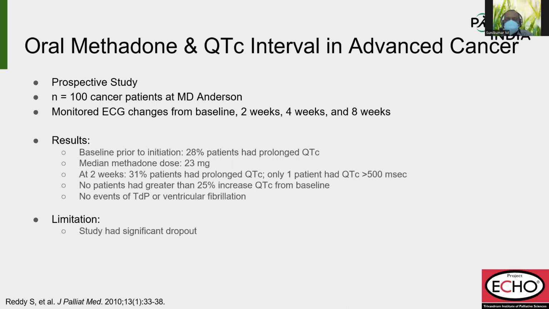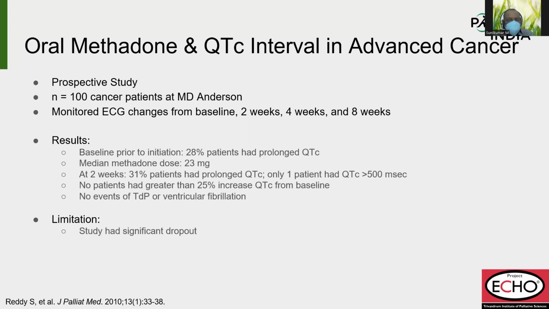So what you have to understand is at lower doses, methadone may not cause QT interval prolongation. And most of the studies which indicate that methadone can produce torsades de pointes are on patients on methadone substitution therapy in substance abuse. So they will be on hundreds of milligrams of methadone. So as you know, while the patient is on a high dose of methadone, the chance of QT interval prolongation is more.